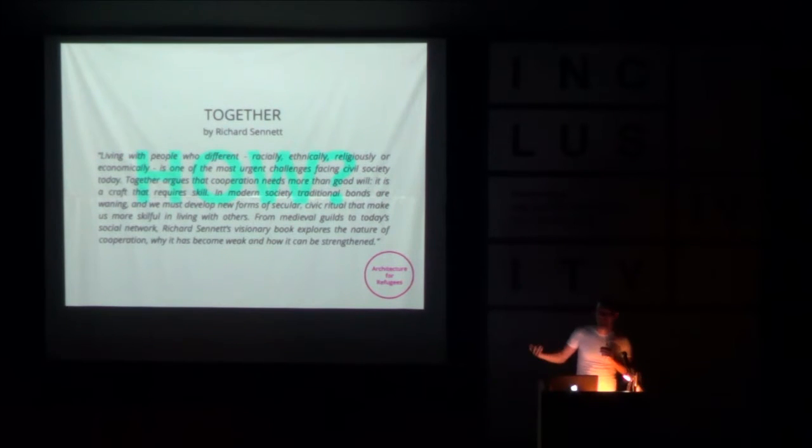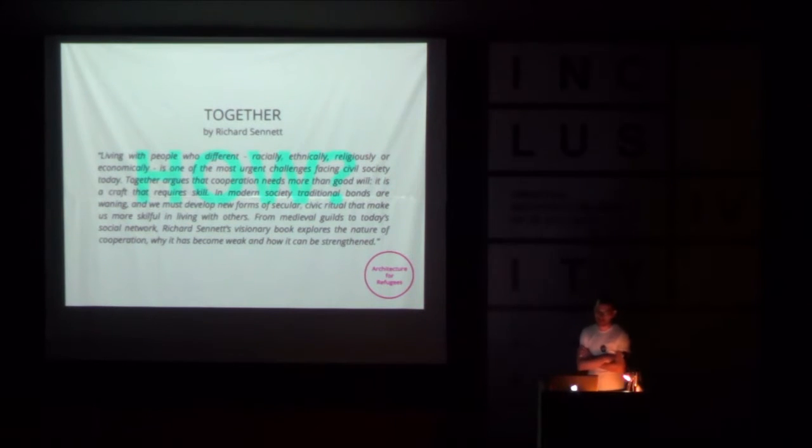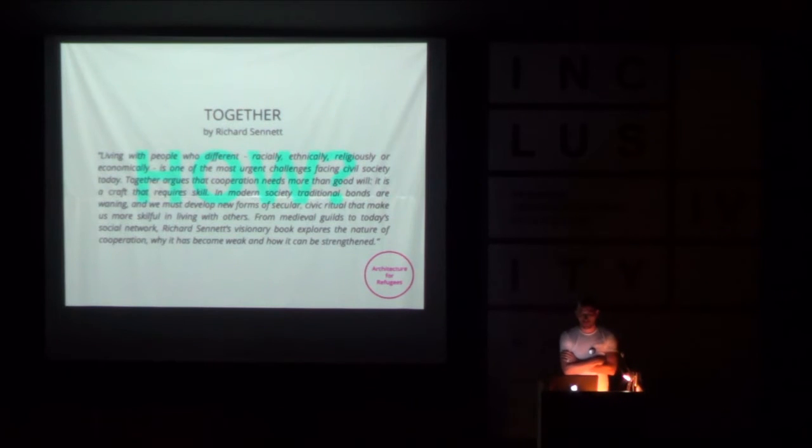So this is how they live, and what do we want to do, and how do we want to help them? We use this Richard Sennett quotation about together. We believe that we should do the developments together, to help refugees and to work with refugees.